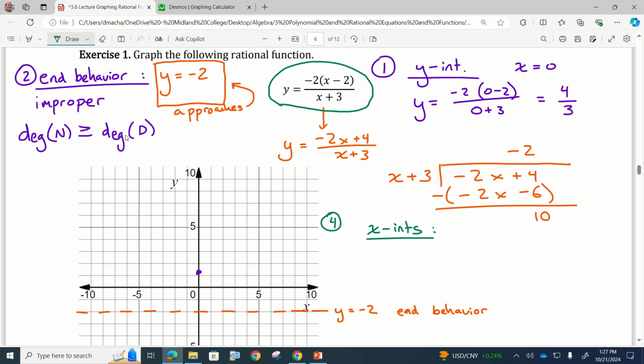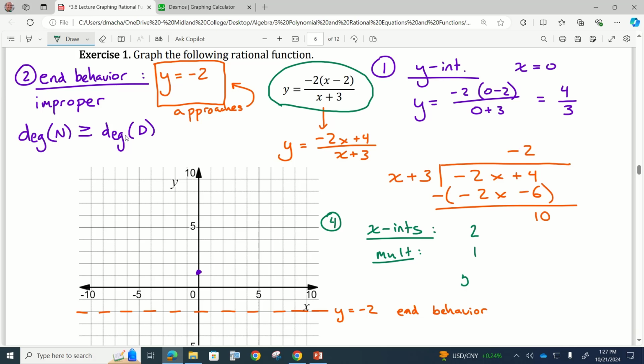All of the ones in the denominator are the asymptotes. Exactly. So in the numerator, I only have one root. It's at positive 2. And the corresponding multiplicity is 1. Because if you don't see an exponent, that means the multiplicity is 1.